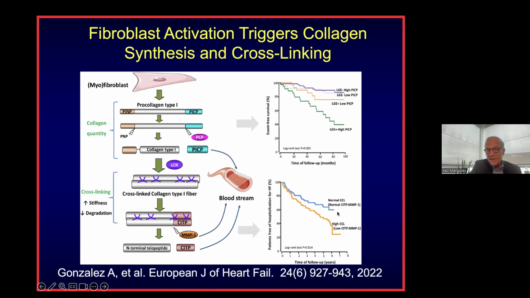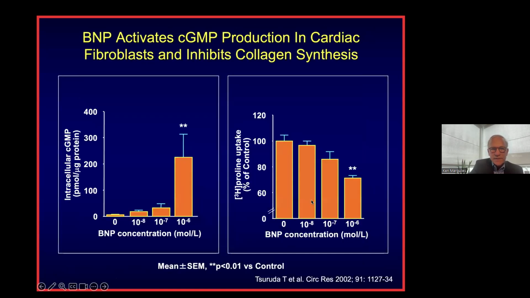And it turns out that's of prognostic significance. And so these become important. A cross-linked collagen is more closely linked to myocardial stiffness than just total collagen. And we can measure that in the circulation or estimate that in the circulation.